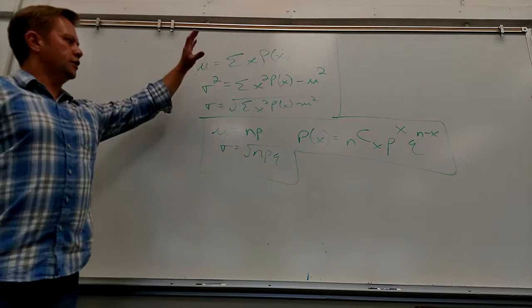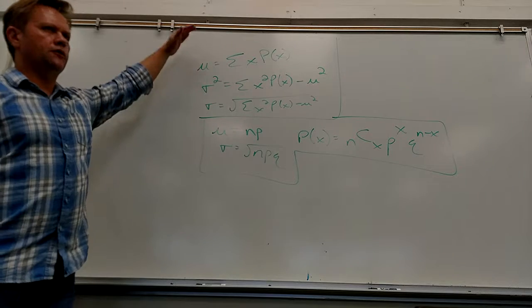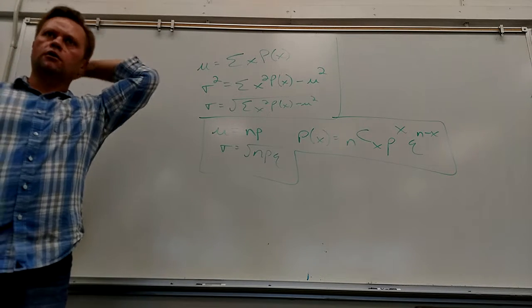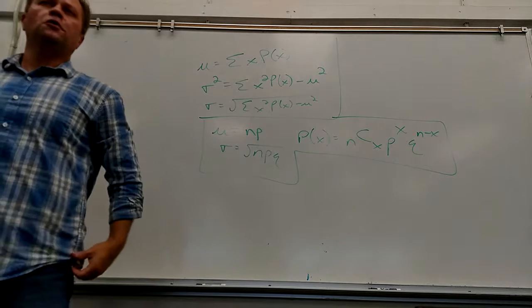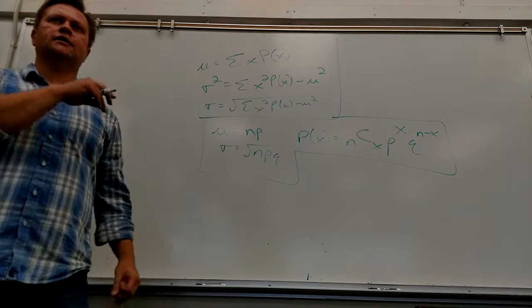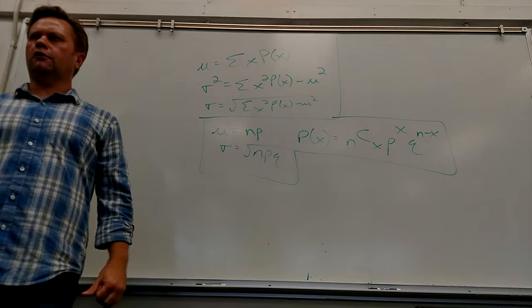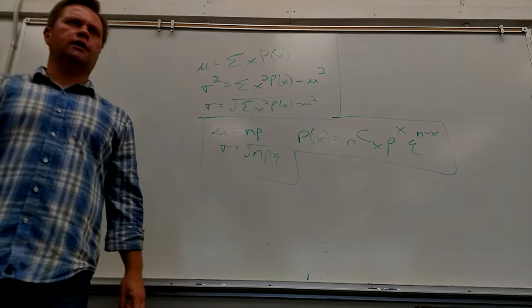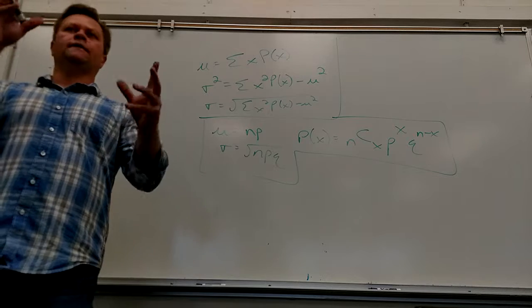So this is chapter 4. Now I know in the homework, and even on the practice test, I have a question about the uniform probability mean and standard deviation. I'm not going to write that on here because I'm not going to ask you a question about it.